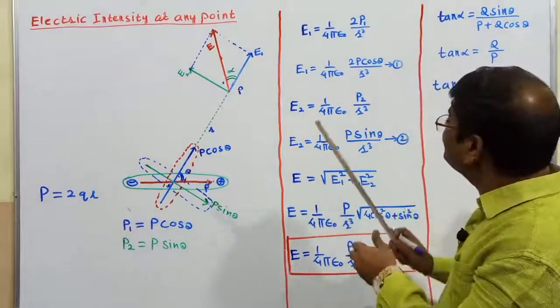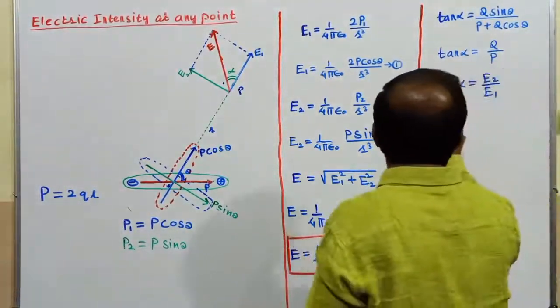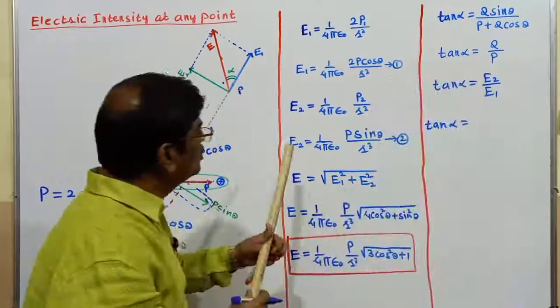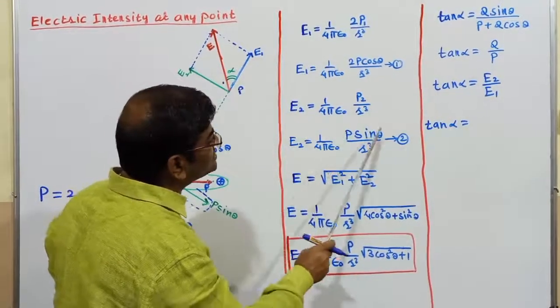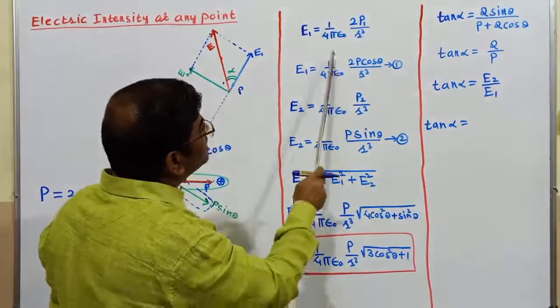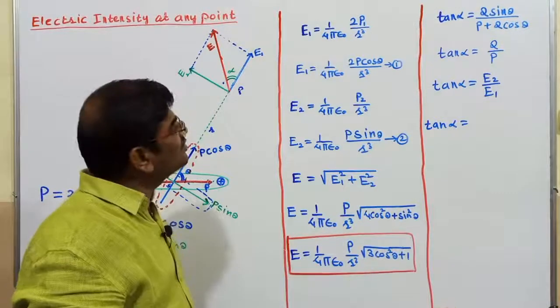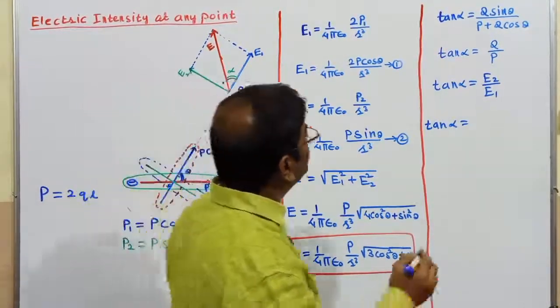And E2 and E1 already you have got. Let me substitute them. So tan alpha equal to, how much is E2? 1 upon 4 pi epsilon 0 p sin theta by r cube. E1, 1 upon 4 pi epsilon 0 p cos theta by r cube. Cancel whatever common you can cancel, and I'll write directly the required one.